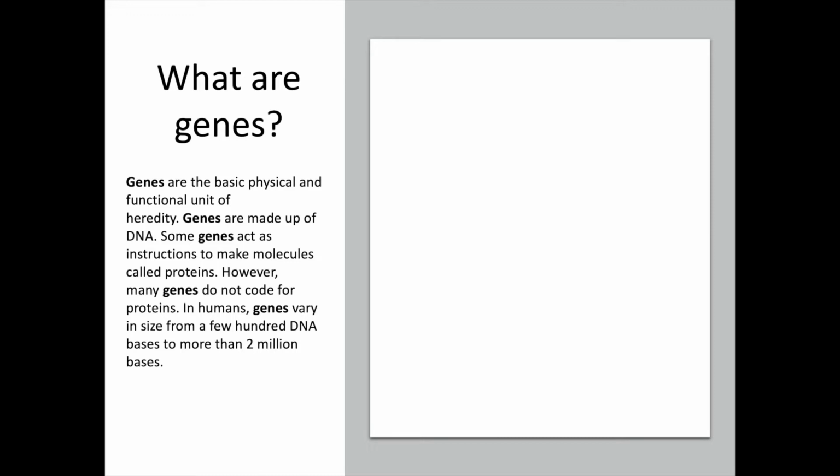Some genes act as instructions to make molecules called protein, and this protein will give the phenotype of our features or ourselves as an individual or as a species. However, many genes do not code for proteins. In humans, genes vary in size from a few hundred DNA bases to more than 2 million bases.